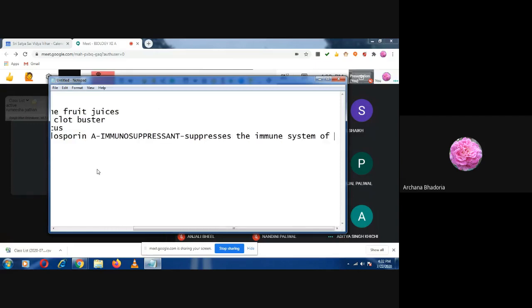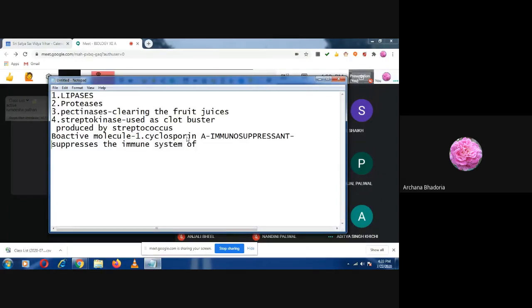So you know that immune system, why do we need to suppress? Due to non-self, it may reject something. We have discussed the whole thing: the immune system has the property of identifying the self and the non-self. Whenever organ transplantation is done, organs are taken from some other person's body.